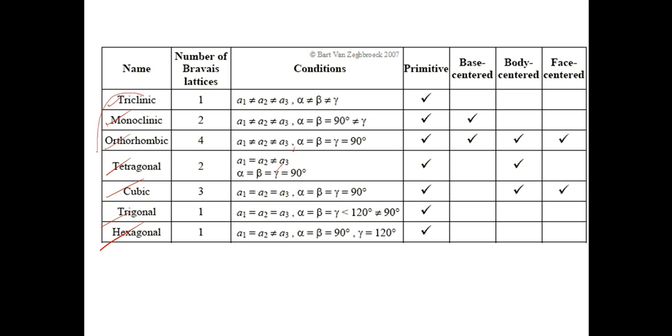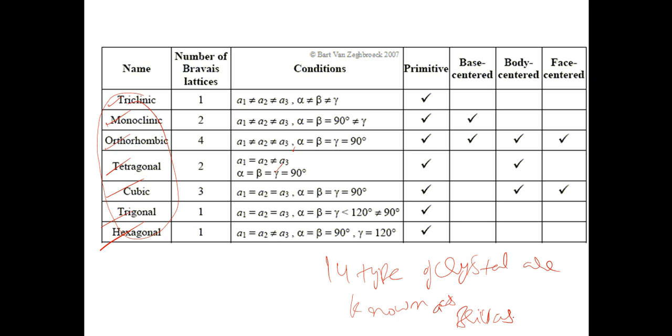So these 7 types of crystal systems will give you a total of 14 types of lattices. So these 14 types of lattices are known as Bravais lattices.